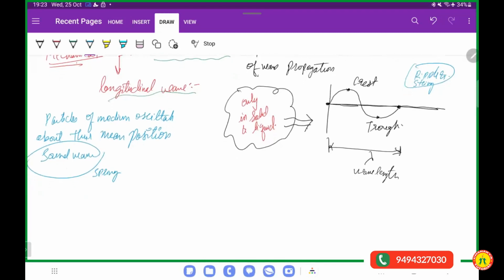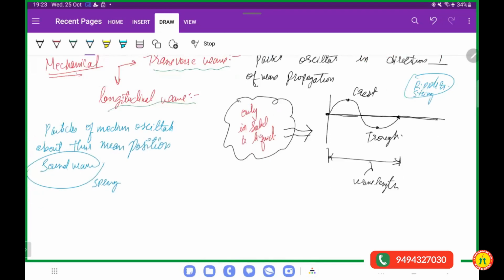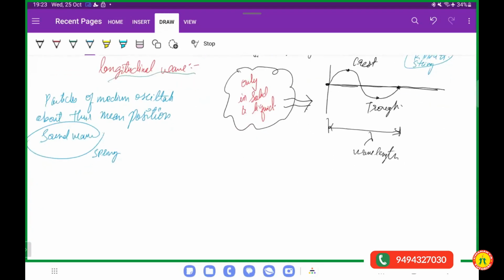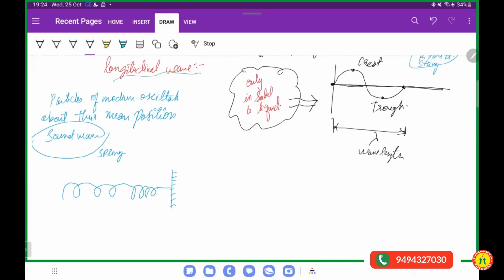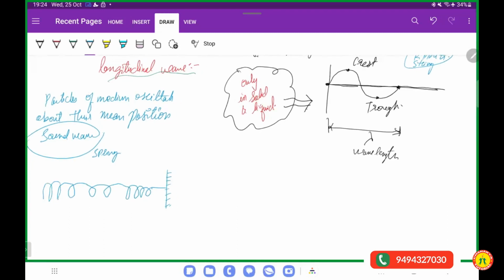The motion produced by the spring is also a longitudinal wave. So if I take a spring and connect it to a solid support here, and stretch it here, this is your compression, this is your rarefaction.